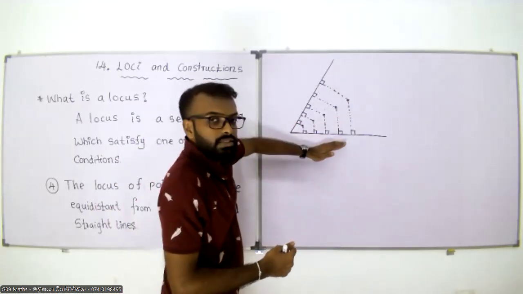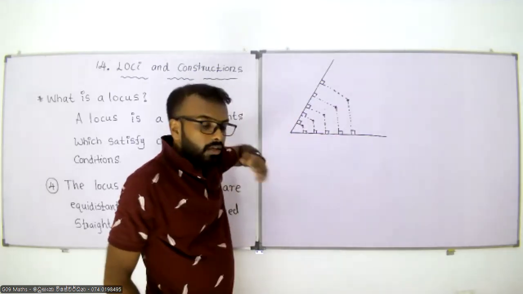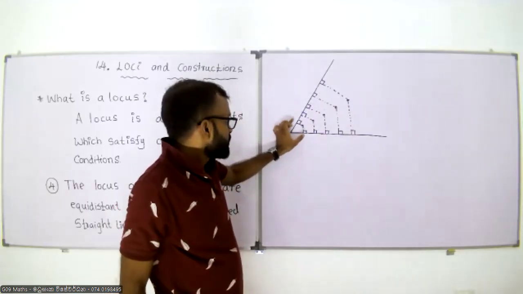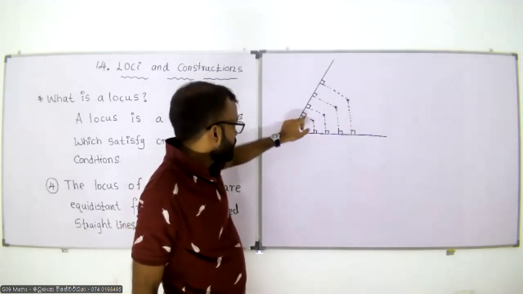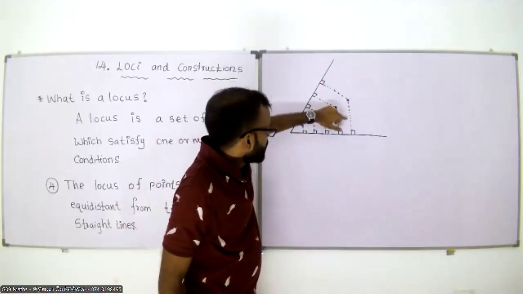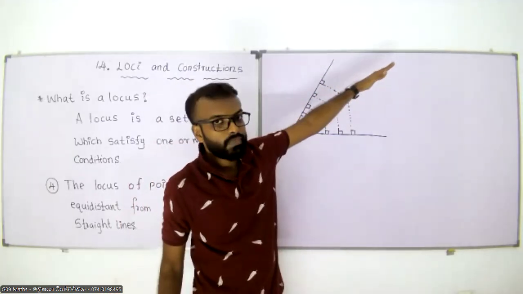For these two fixed lines, all of these points should be equidistant. When you measure the distance from this line to this point, and this line to this one, it is 5 centimeters, 5 centimeters, 10, 10, 20, 20, 25, 25, 30, 30, and so on.